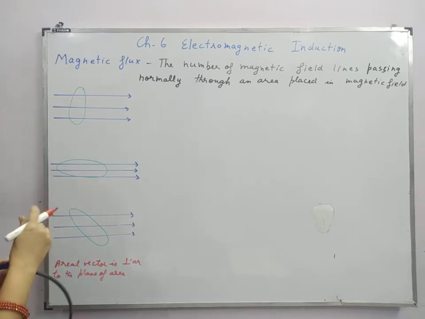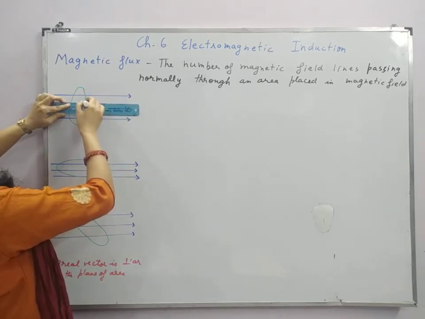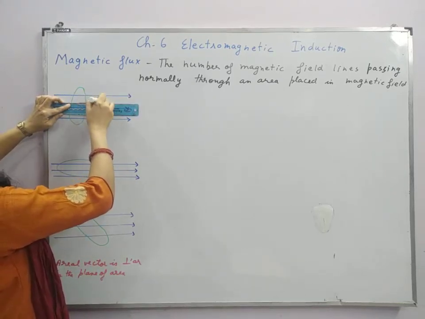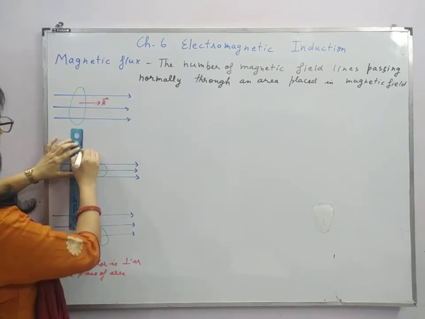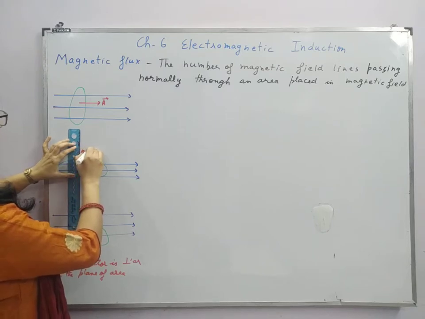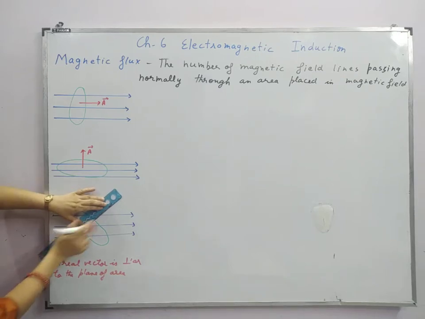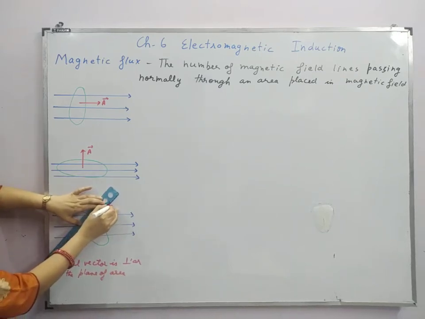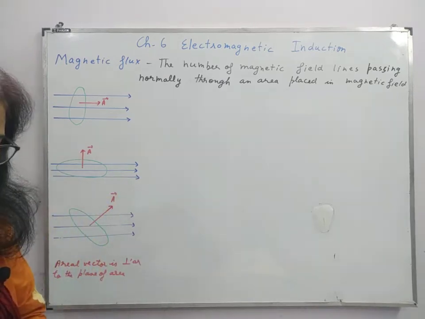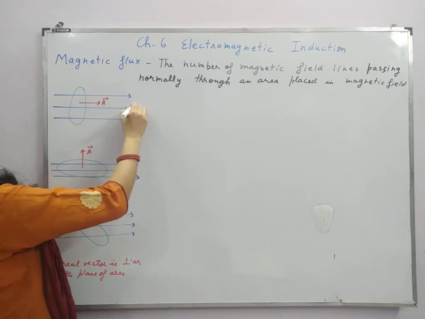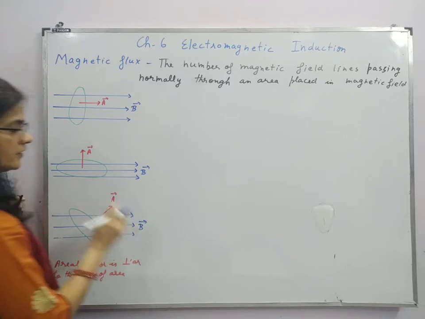That means in this case our area vector will be in this direction, in this case in this direction, and in this case in this direction, right? We can see that here the magnetic field is in this direction, here in this direction, and here in this direction.